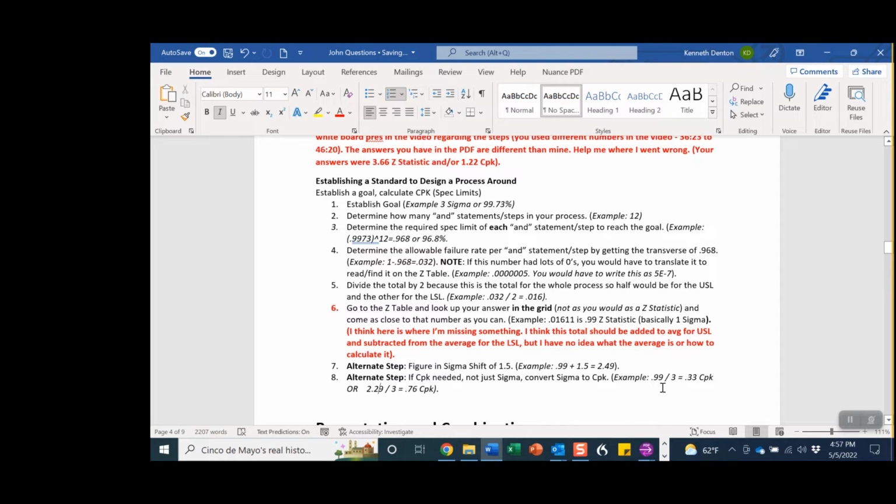The first example in step 8 is if I wasn't factoring in the shift, and the second example right below it should have been 2.49. Oh, I see. So let me do that one. 2.49 divided by 3 is 0.83.